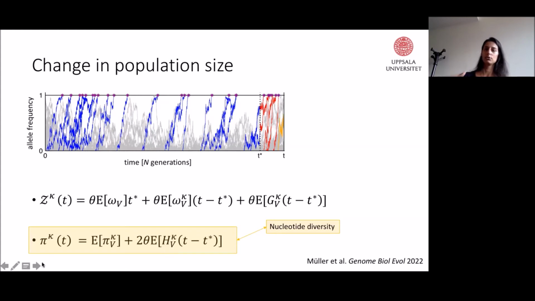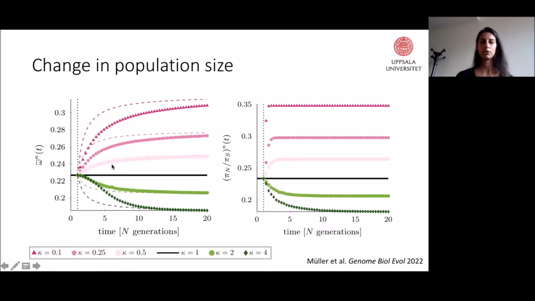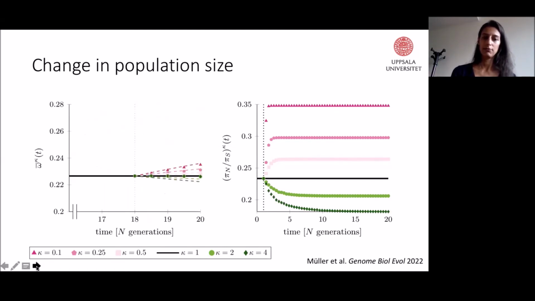Since we want to measure selection, like for dN and dS, we now compute pi N and pi S, which is the ratio of nonsynonymous over synonymous diversity. If we plot this, with omega on the left and pi N over pi S on the right, you can see it converges much faster. Then if we put the change in population size at time T star 18, we saw that omega was very insensitive.